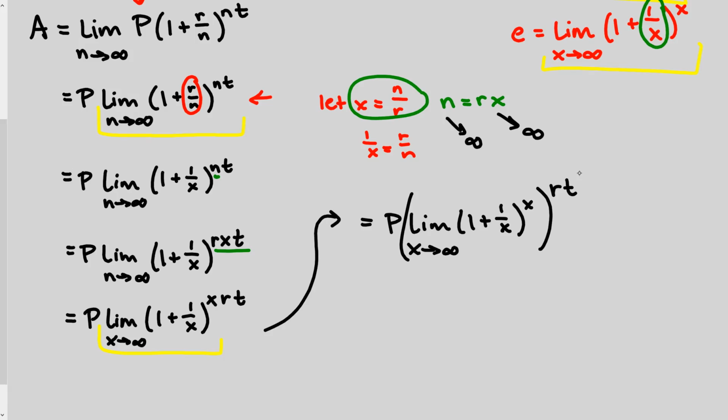So power to a power, you multiply the powers. So now we can replace this entire thing with e. So we have P times e to the rt. And that's the final amount of money if you invest continuously, if your compoundings are continuous.